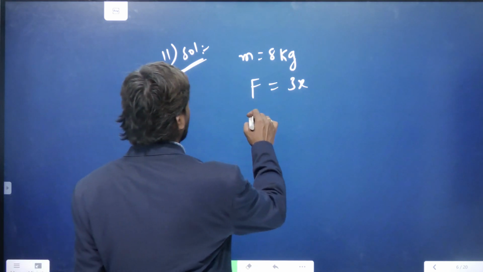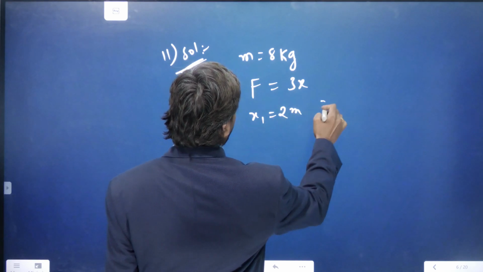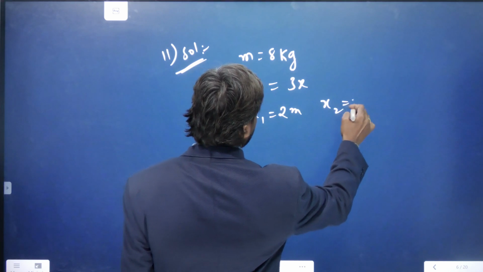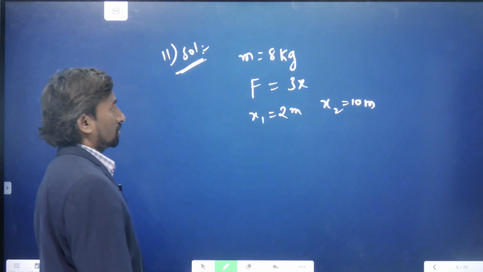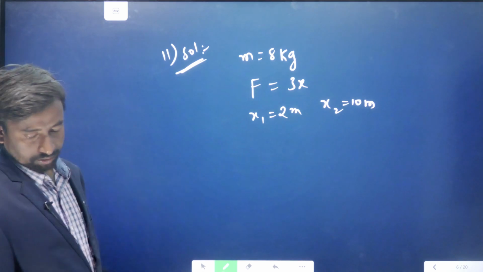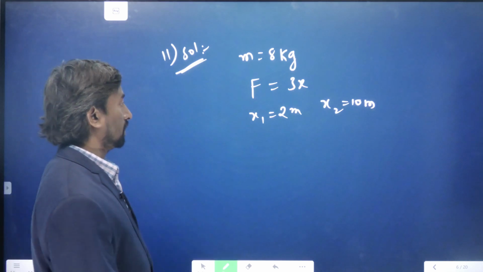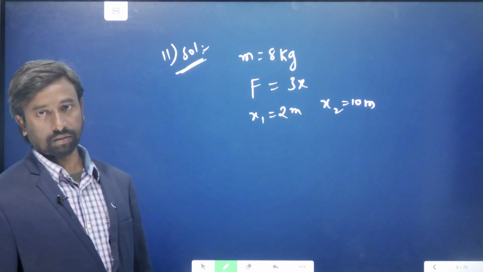The distances are given here: x1 is equal to 2 meters and x2 is equal to 10 meters. During this interval of distance, what is the final velocity? We need to find that.